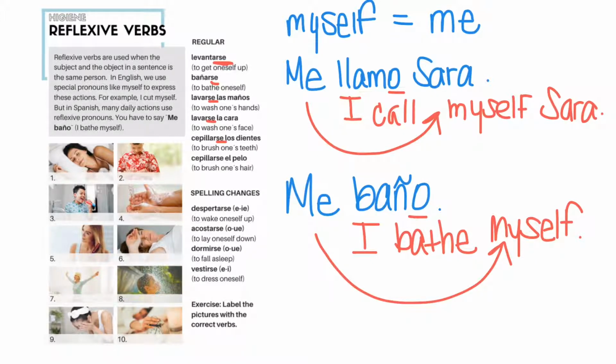And that's going to help us because when you see a list of verbs and you see a se at the end, you know that verbs in Spanish end in AR, ER, and IR. So what is that se doing there? Well, it's a hint that this is a reflexive verb and I need to use a reflexive pronoun with it. The reflexive pronouns are not optional like the subject pronouns. You have to use them.